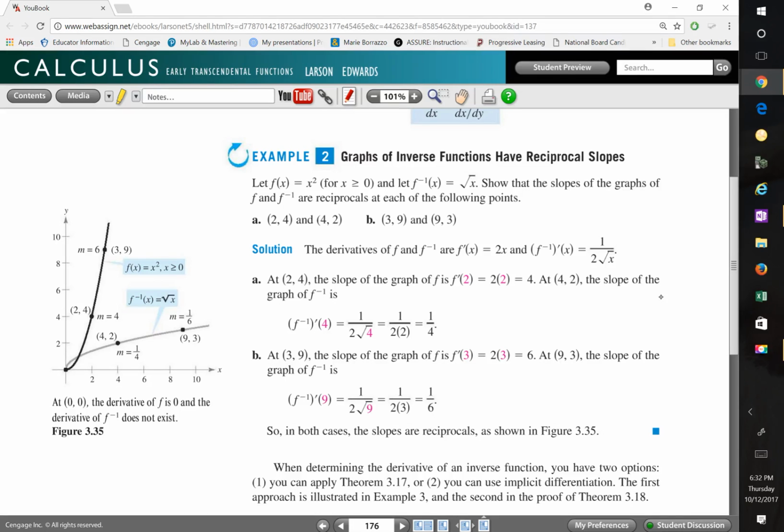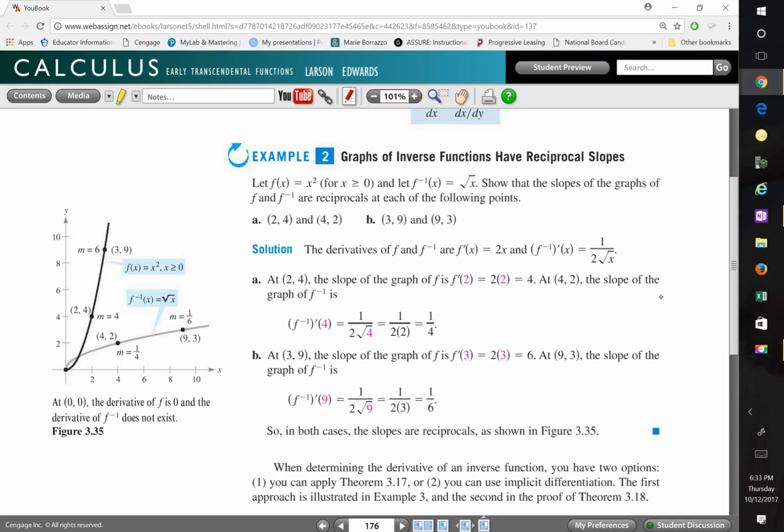More specifically, I'm going to look here at the next one. Again, our original function and its inverse are here. If I take the derivative of the original, that's going to give me 2x for the derivative. If I plug in a 3, then for f of 3 I get a slope of 6, hence 2 times 3.